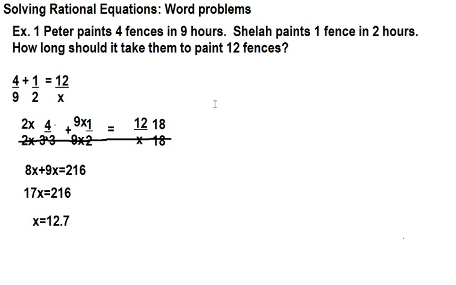So I know they should do 12 fences in 12.7 hours. Okay? And a lot of people, when they see these problems, think immediately, oh, I know what it is, but they're usually wrong. So make sure you're following this process that we learned today and yesterday, or Friday. Okay, so that's good, and we'll do the next problem.